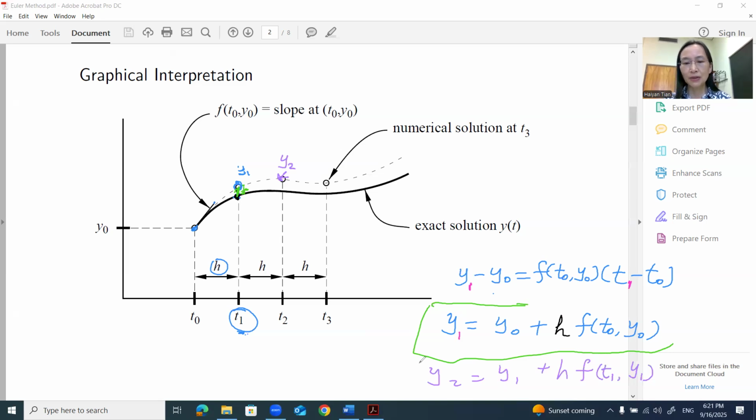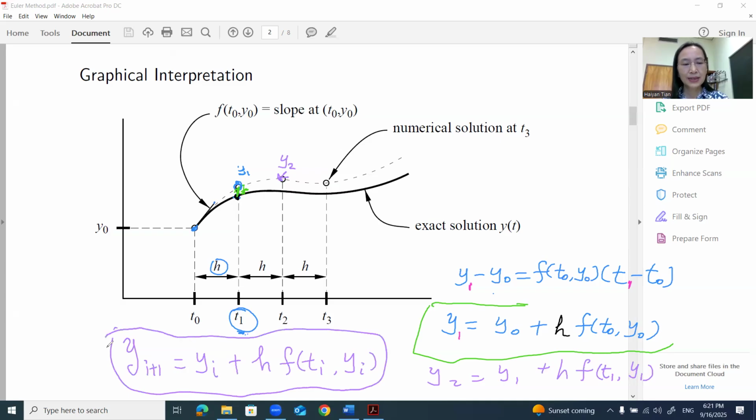Continuing this pattern, we get a formula which is called Euler's method. It's y_{i+1} equals the previous y value plus h times the slope function f(t_i, y_i).